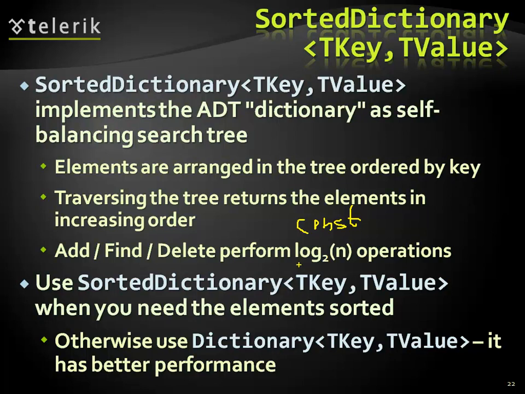And balancing and issues like that are still computation heavy. Balancing a binary search tree does all these things. That's why it's slow. So when you don't need sorted dictionaries, when you don't need sorted keys, and you will most probably not need sorted keys, just use the normal dictionary. If you really need sorted keys, well, binary search tree.